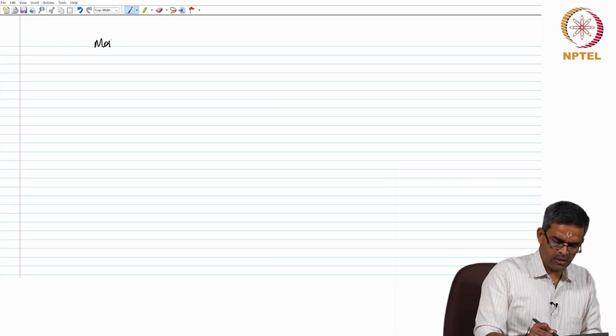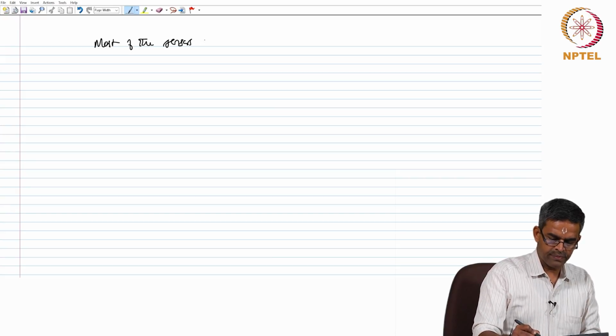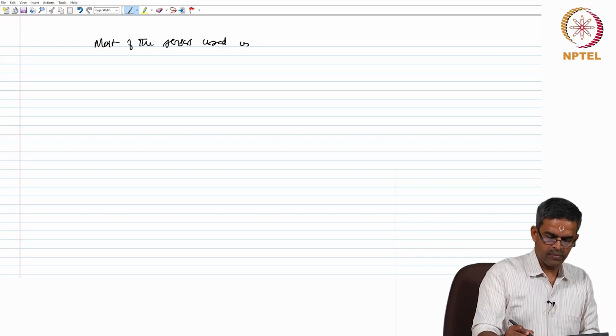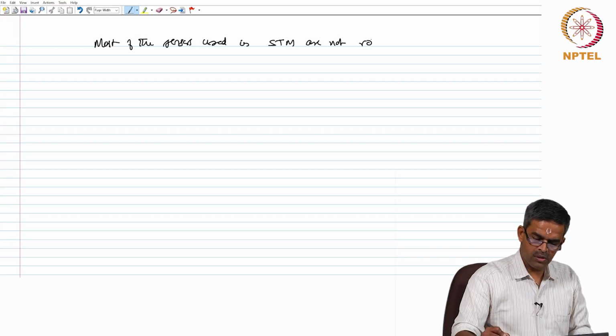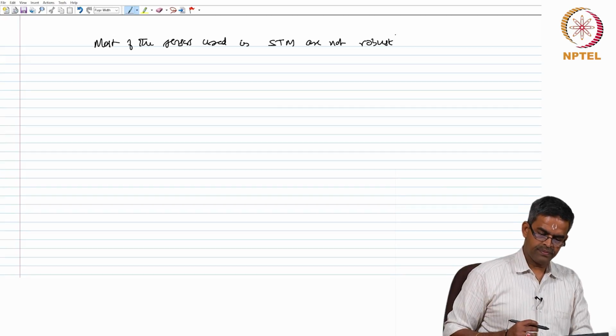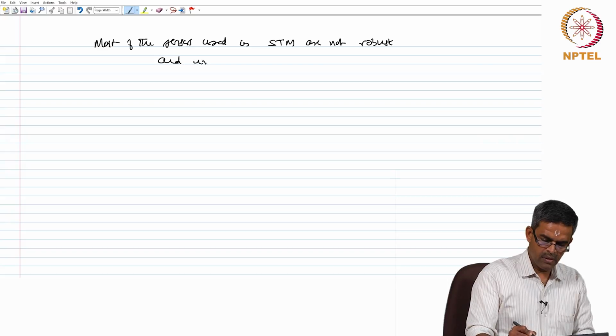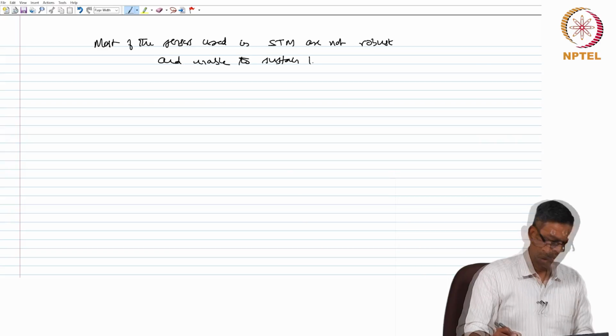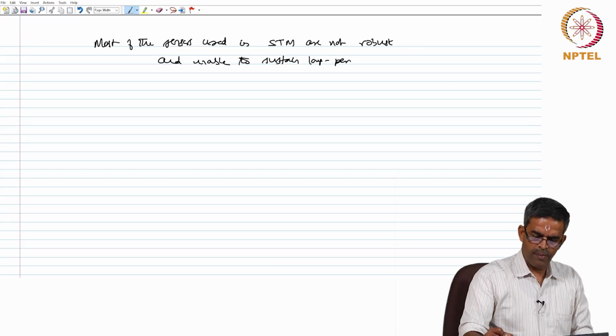Most of the sensors used in short term monitoring are not robust and are unable to sustain long periodic observations.